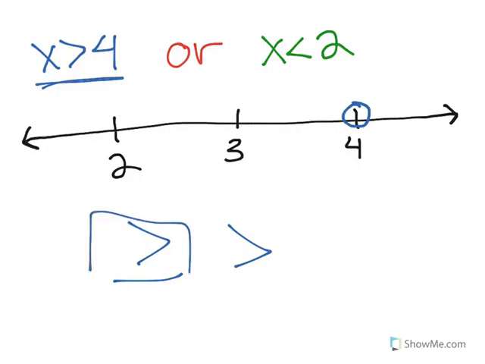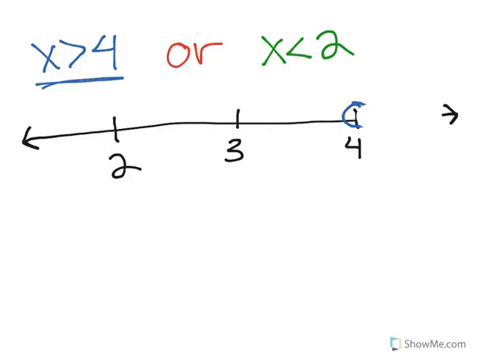If it were greater than or equal to, we would use a closed circle, but because it's not, we use an open one. So our compound inequality says that x is greater than 4, so we go from 4 and we go out this way because x is greater than it.